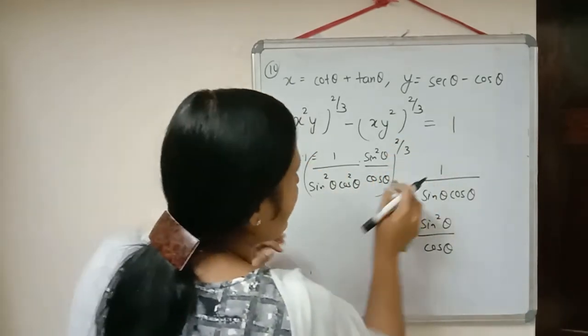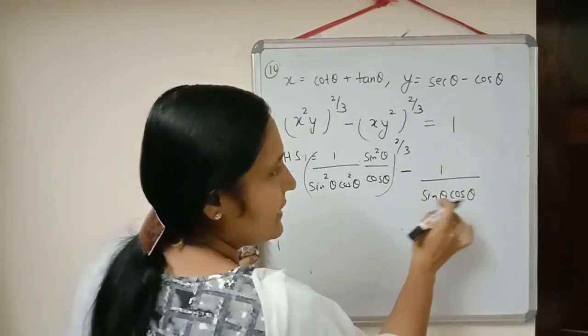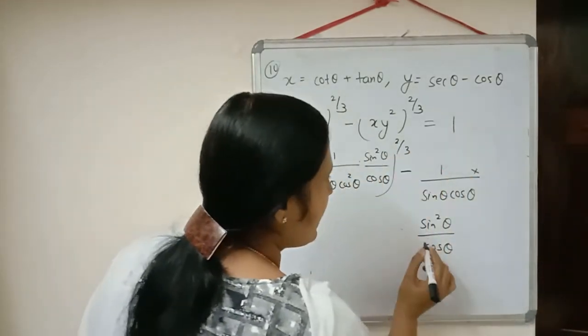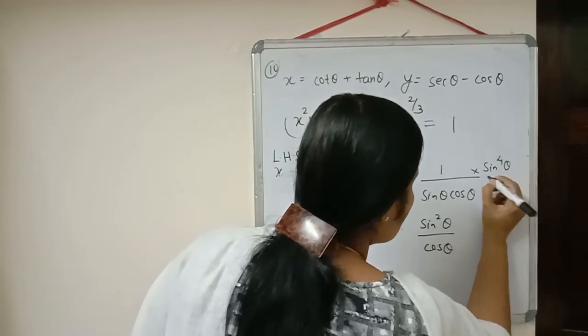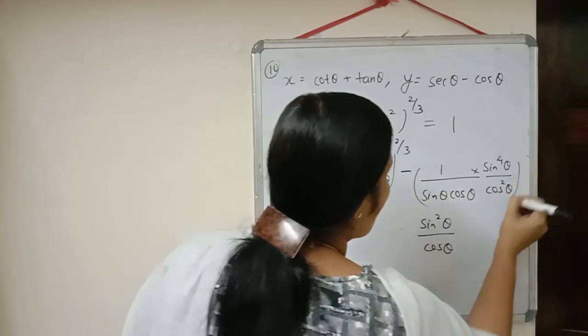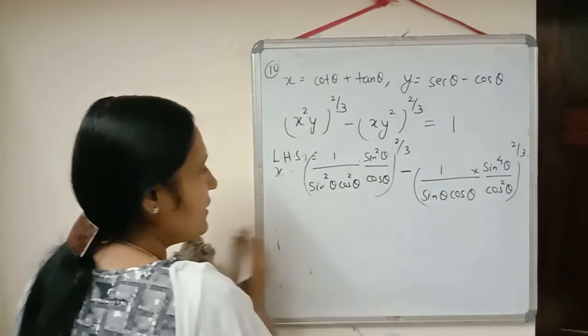Then minus x, which is 1 by sin theta cos theta, into y square, so square of this one, which is sin raised to 4 theta by cos square theta, whole raised to 2 by 3. We have to prove this value equal to 1.